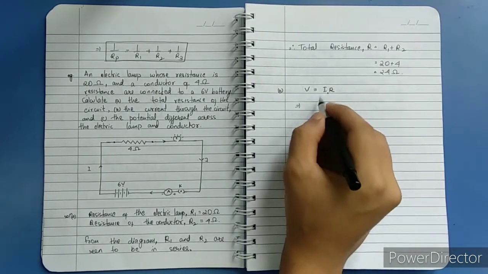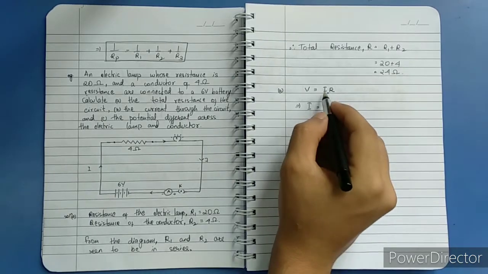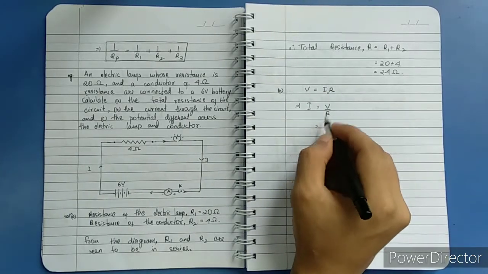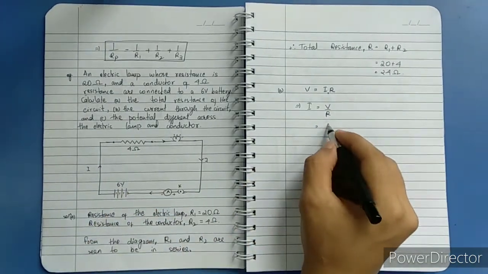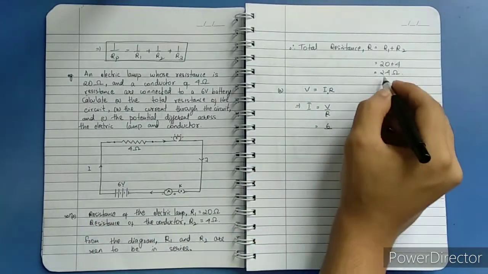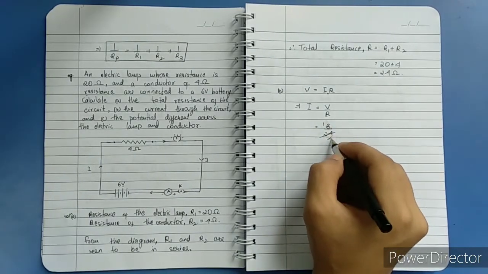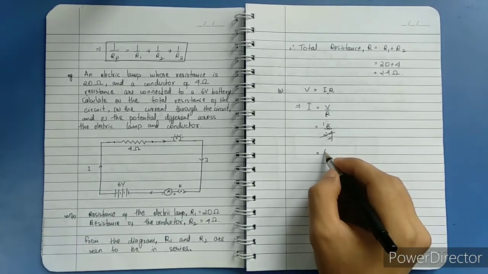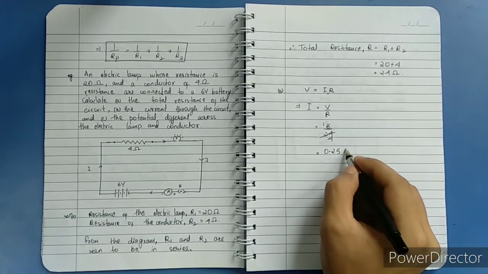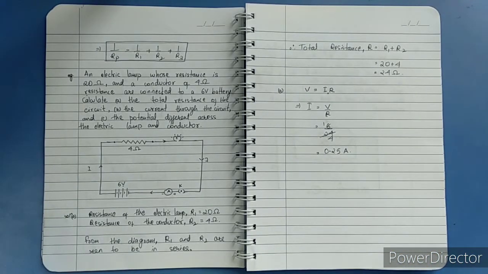So I equals V by R. The battery voltage is 6 divided by the total resistance 24, which gives 0.25 ampere. So the current being drawn is 0.25 ampere.